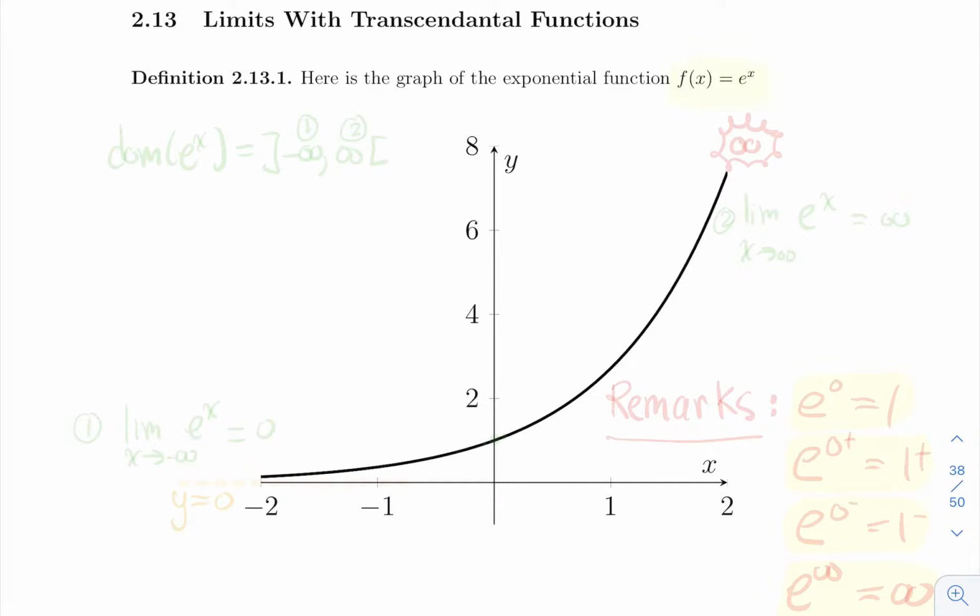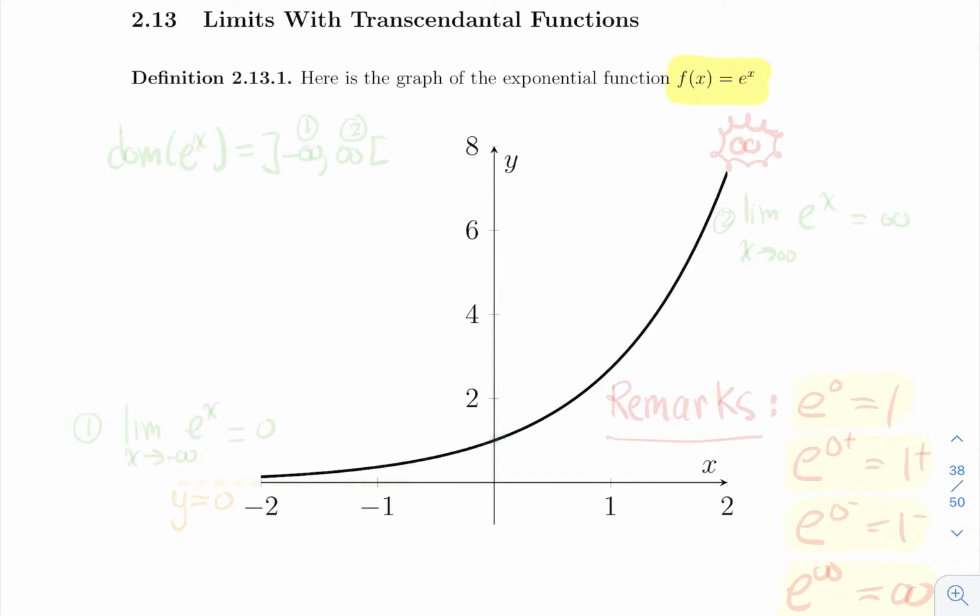With a good knowledge of these four graphs, you can really attack any limit involving those terms. So the first graph we're going to review together is the graph of the exponential function, e to the x.